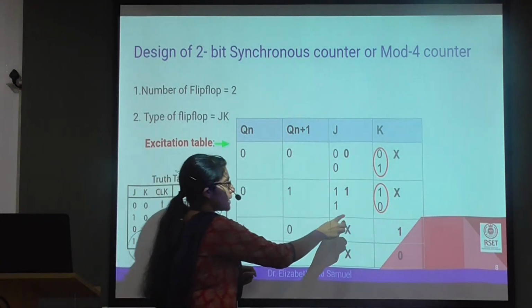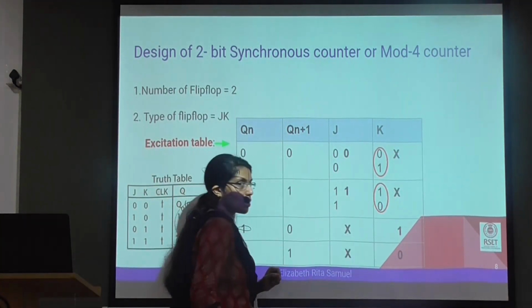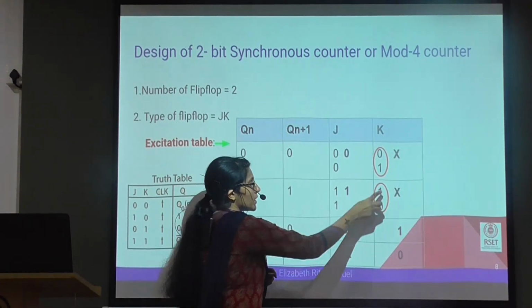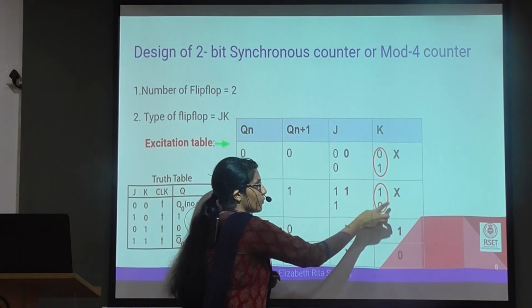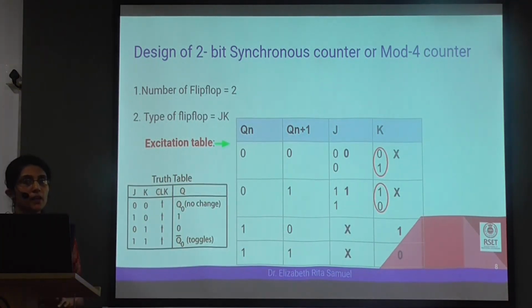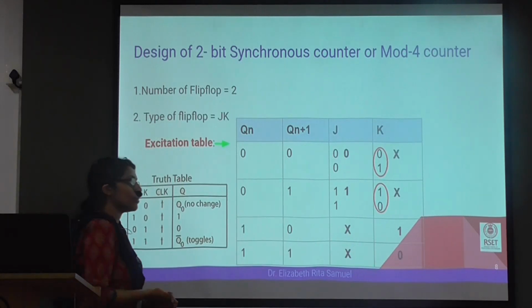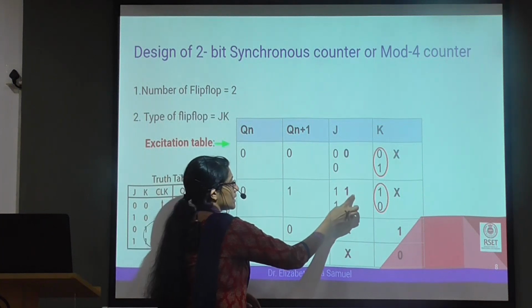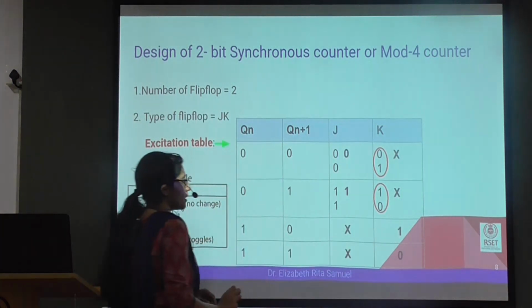So you can write K as 1 and 0, which shows that our J must be 1 and our K can have either value, 1 or 0, which means we don't care about the value of K. That is how we write it here, as 1 and don't care.